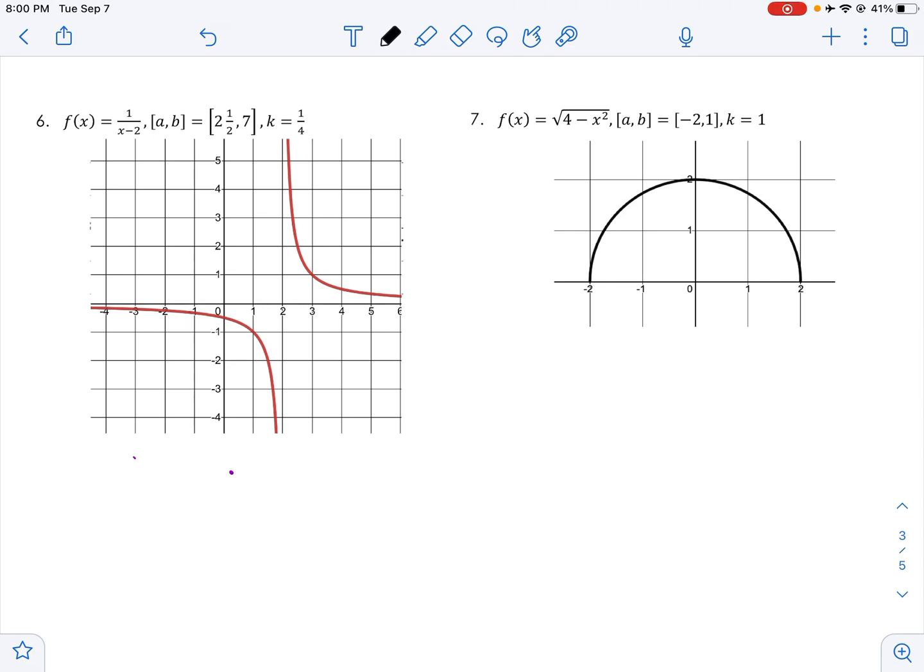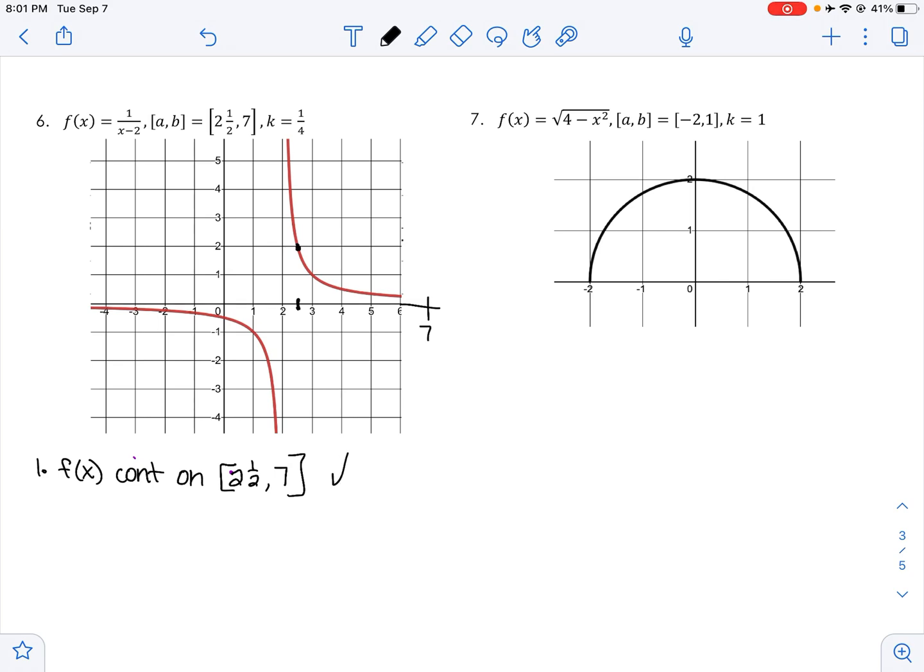Okay, so first off, we need to know, is this continuous on the interval? So if we look at it, that asymptote is at 2, therefore at 2.5 to 7, if we extend it, is continuous. So f of x is continuous on the interval 2.5 to 7.